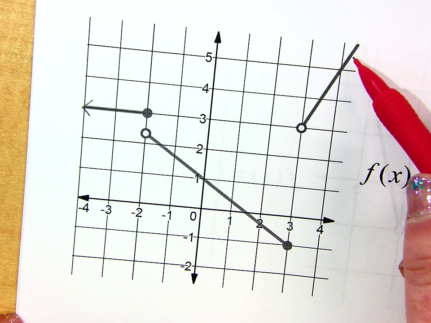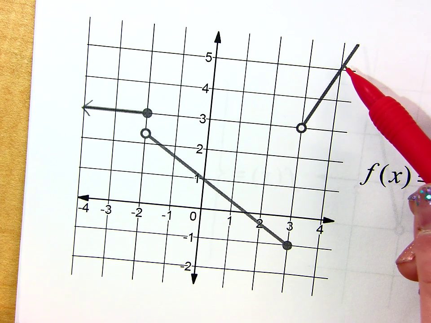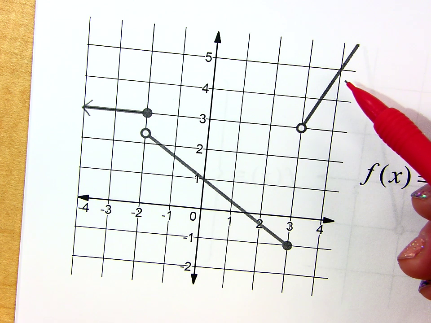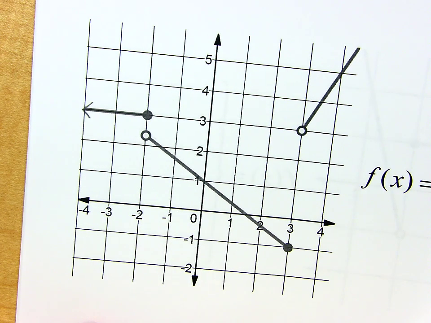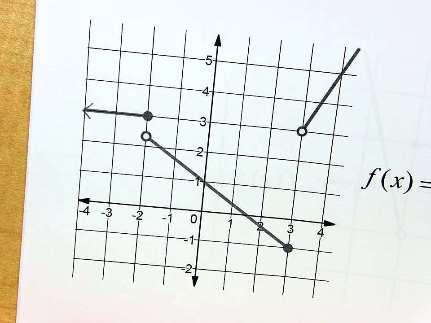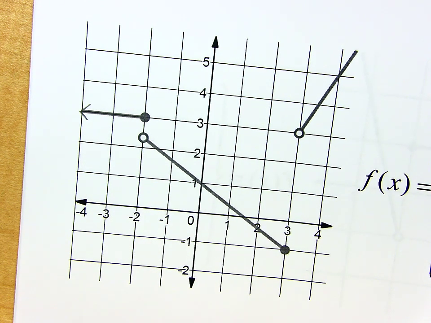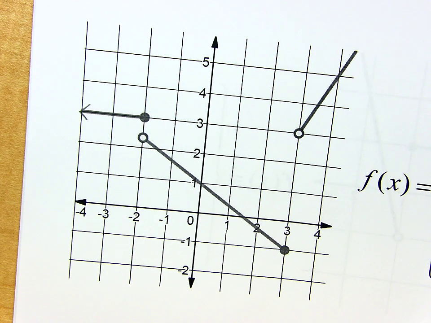Okay, so we use piecewise functions all the time, whether you know it or not. For example, think of parking at an airport, right? If you park in the garage and you're there from, I'm just making up these numbers, I don't have an exact example in my head, but next time you go to the airport, pay attention.